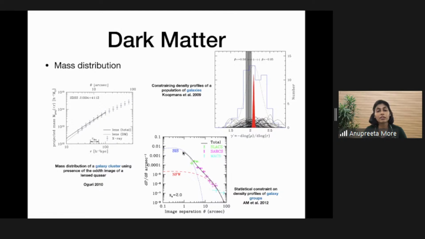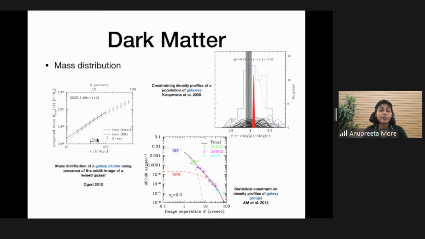So if your model is more like the isothermal profile, or whether it is something else, how would the image separation or the Einstein radius distribution look like, and we are able to then constrain one particular model for the mass distribution of galaxy groups.